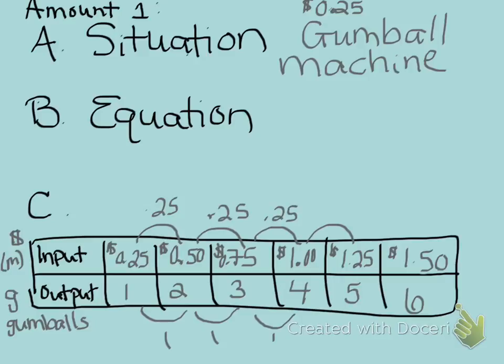So I can see from mine that I took my input, which is M, and I multiplied it by 25 cents, or 0.25, and that is what gave me the number of gumballs. So my equation would be G equals 25 hundredths times M. If I had done this with x and y, it would be y equals 0.25x.